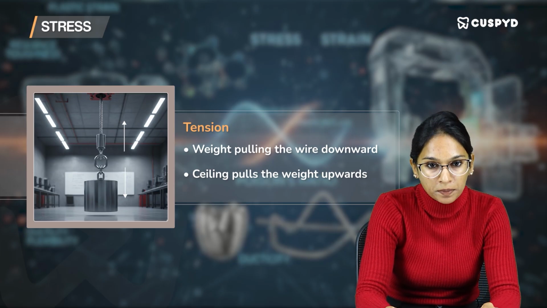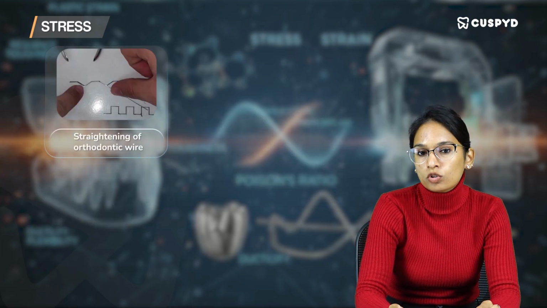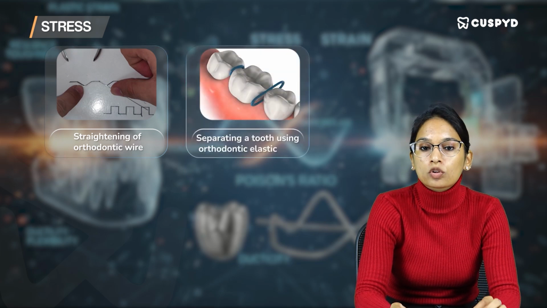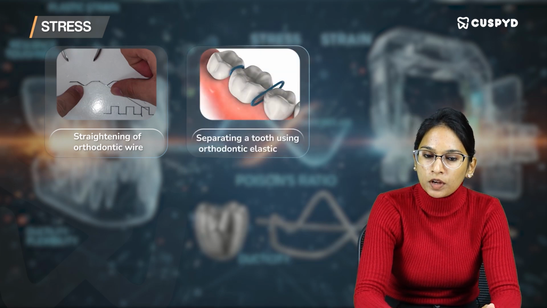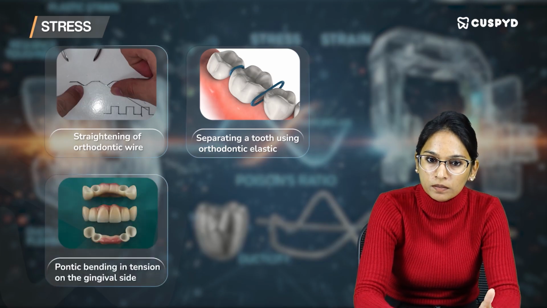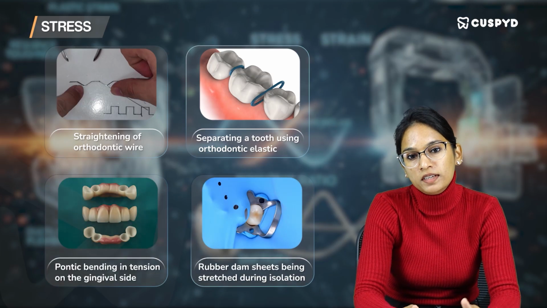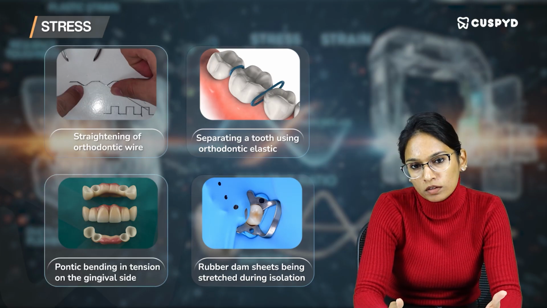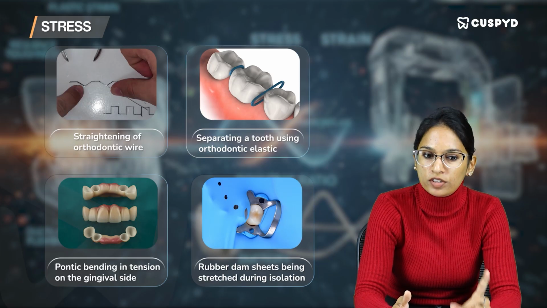The clinical examples are stretching an orthodontic wire, separating a tooth using orthodontic elastic, a pontic bending in tension on the gingival side, rubber dam sheets being stretched during isolation. Whenever something is being pulled, think tensile stress.